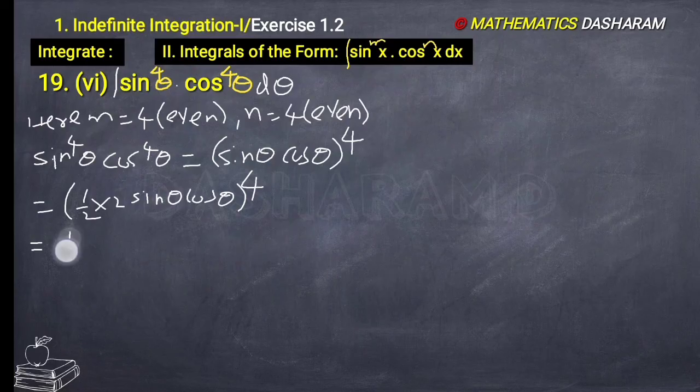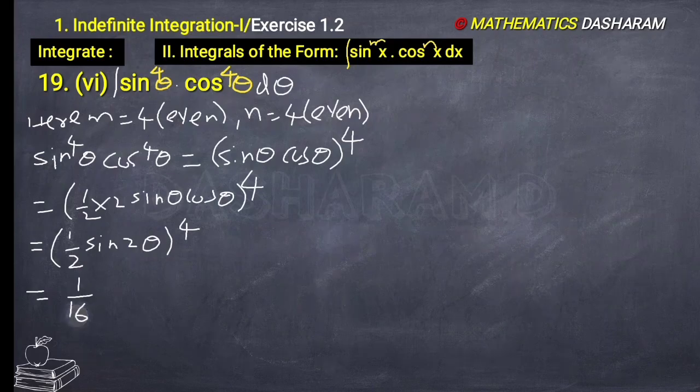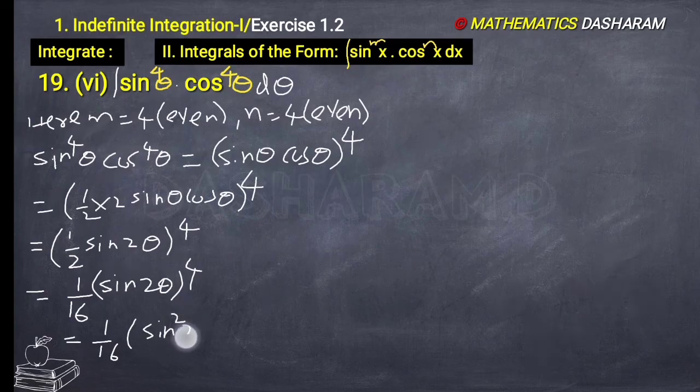So 1 by 2 into sin 2 theta all to the power of 4. Now apply the power 4 for 1 by 2 and for sin 2 theta. So 1 by 2 whole power 4 means 2 to the 4, 4 to the 8 to the 16. Next, sin 2 theta whole to the power of 4 is equal to 1 by 16. Here sin 2 theta whole power 4 can be written as sin square 2 theta whole square.